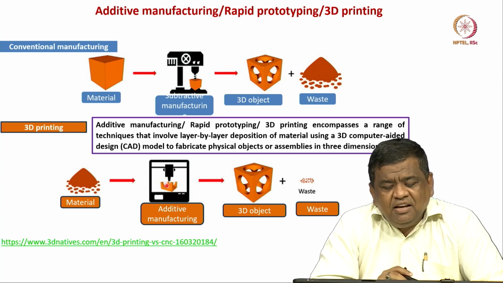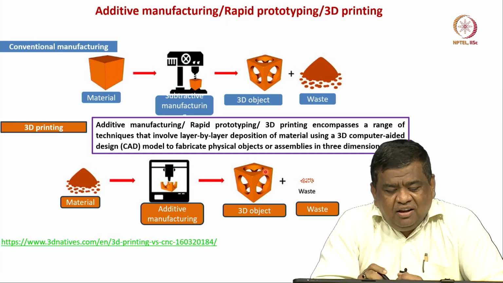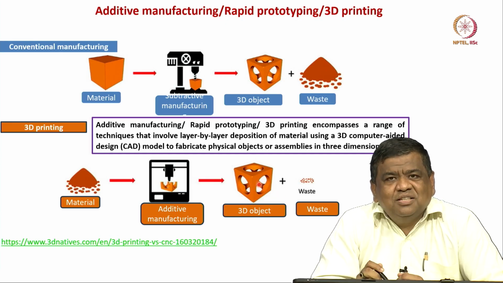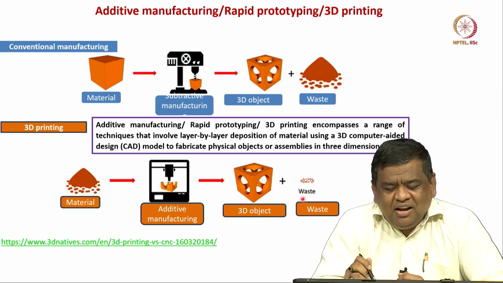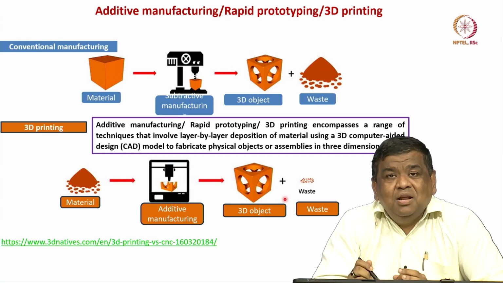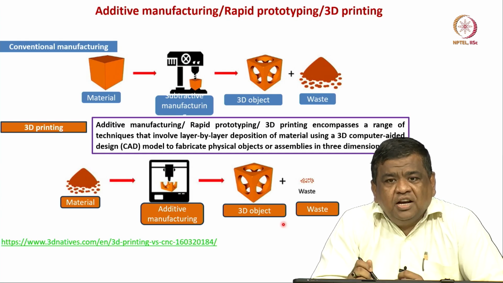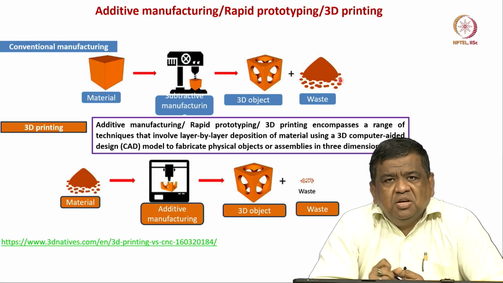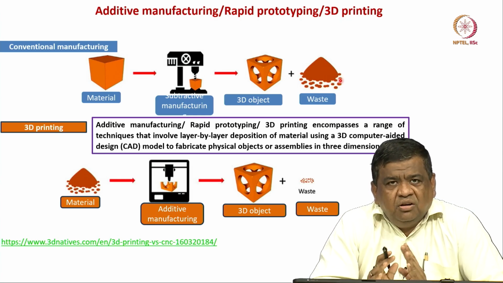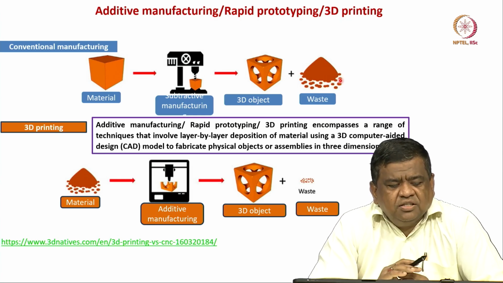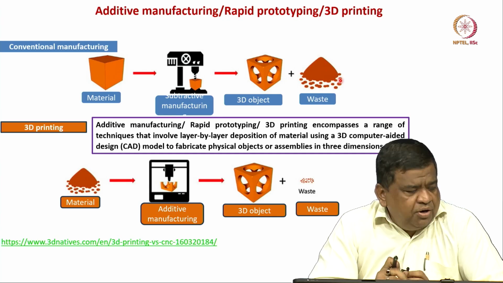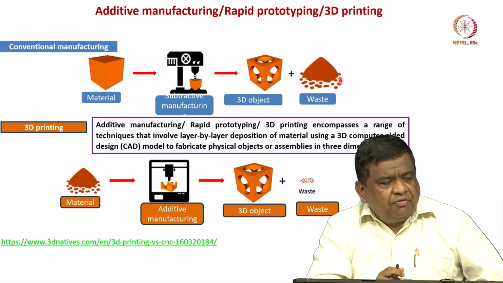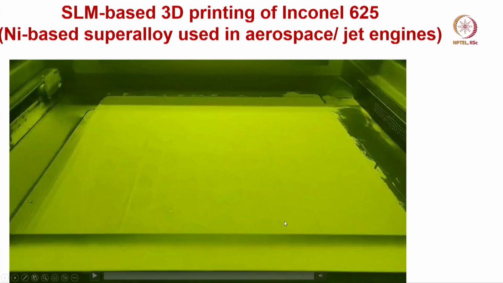So, you can get the same 3D object with specific holes, but here the wastage of material is minimal or almost negligible compared to conventional manufacturing. So, these differences between conventional manufacturing and additive manufacturing must be clear now in your mind after looking at these specific examples.